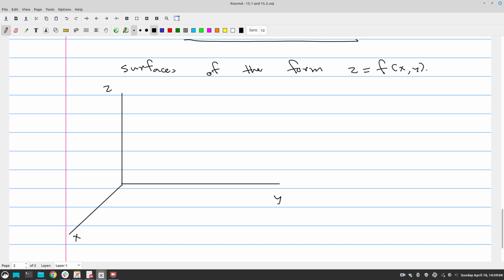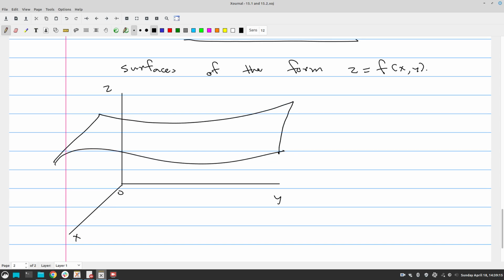Surfaces that look like this, z equals f of x, y, right? Now, I could very well ask you the following question.